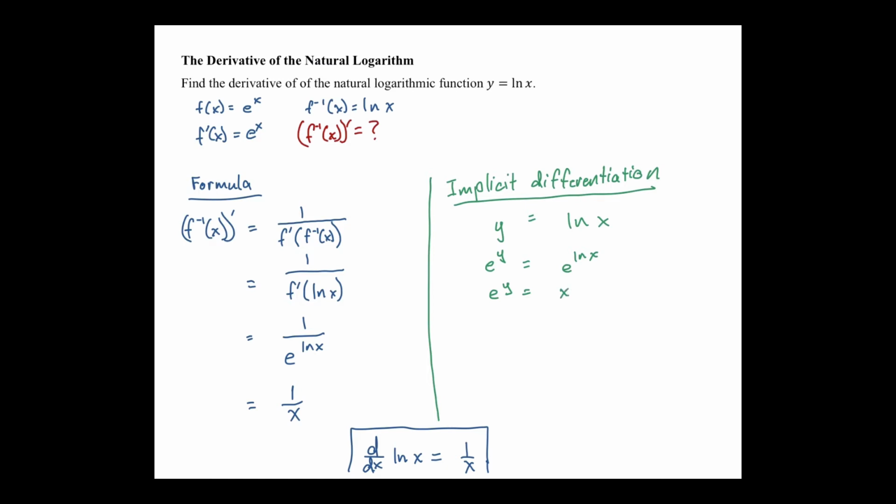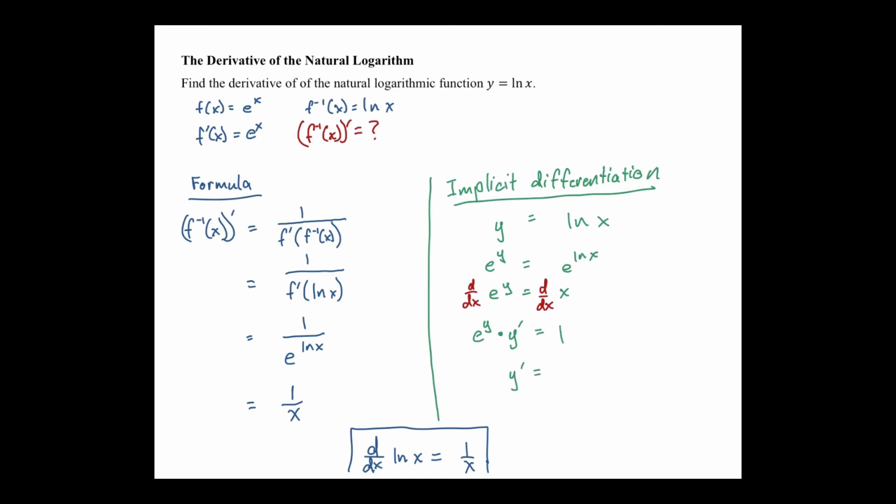Well, we can now take the derivative of this. If we take the derivative of the left-hand side and the derivative of the right-hand side, well, what's the derivative of e to the x? It's e to the x, but in this case we have e to the y times y prime. And then the derivative of x is 1. So now solve for y prime.